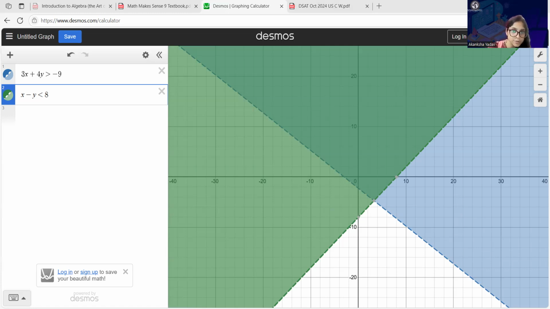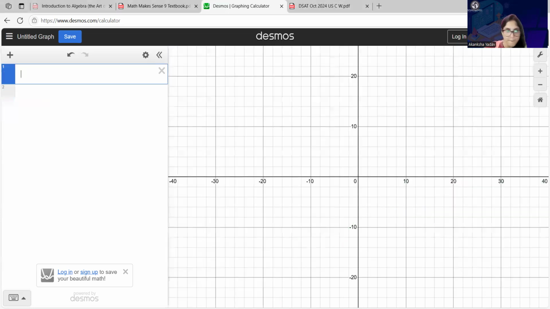Now the next thing that we use it for is your modeling. What is the meaning of modeling? Modeling means that you have to find the equation. For example, several points will be given to you.